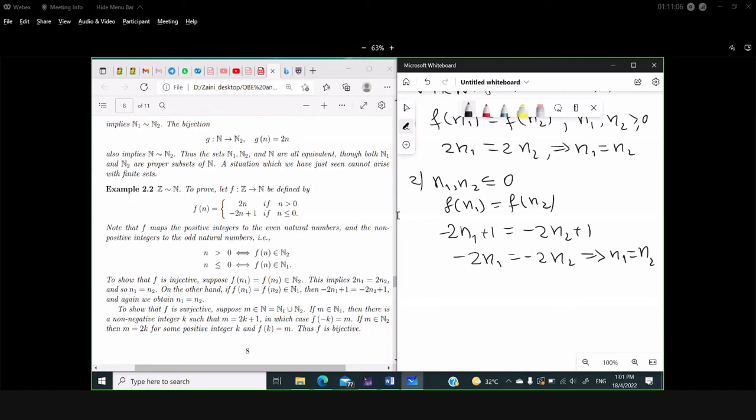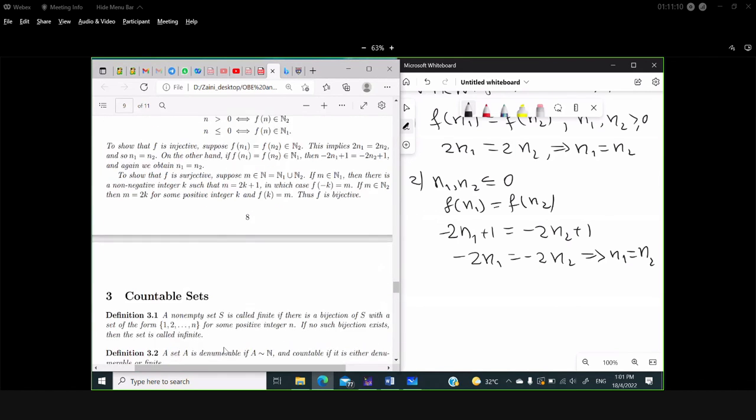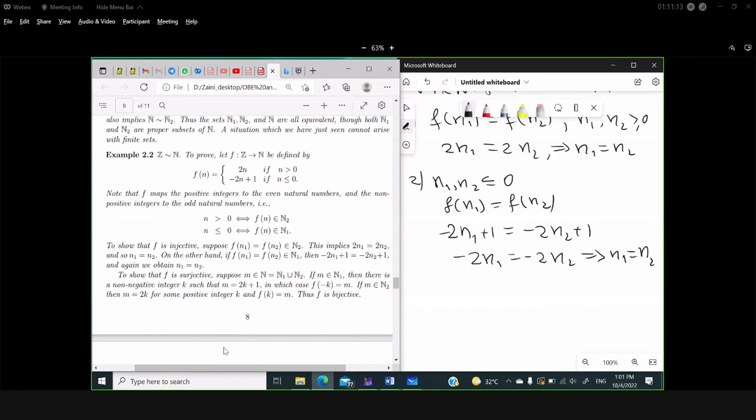So please pay attention to how they prove it. I hope you can understand. Surjectivity, they are saying that any m from N, which is N1 union N2, is correct. We are taking any m.